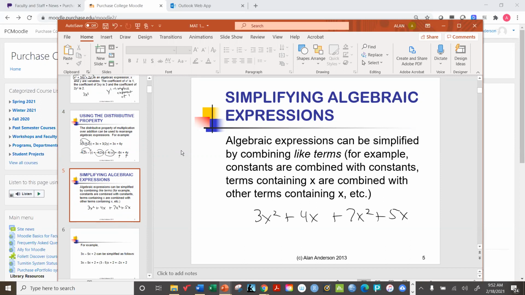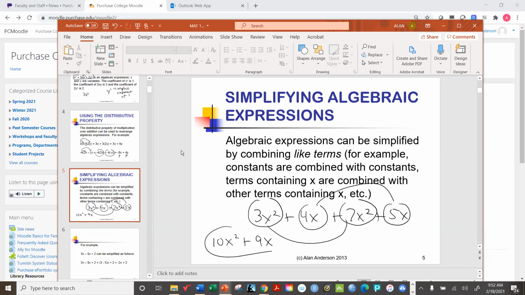You wouldn't just leave it like that. What would you do? These are considered to be like terms because they both involve x squared. And these are also considered to be like terms because they both involve an x. So you consolidate the like terms with each other, and you end up with this much nicer result.